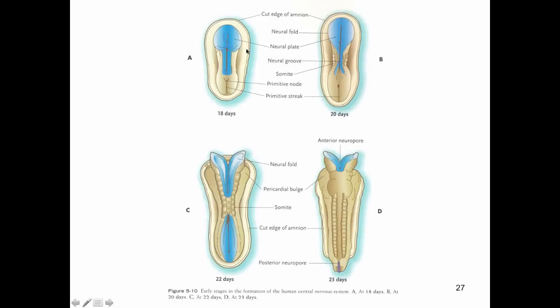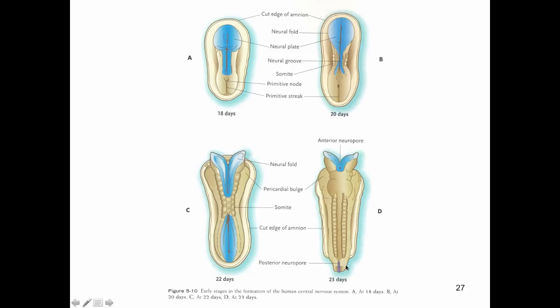So this is just another view of this process. At 18 days, we're just starting to see the neural fold, right? Then at 20 days, we start to see the closure of the tube in the middle and formation of the somites. At 22 days, the tube is starting to close more readily, and more somites are forming, especially towards the top of the embryo. And then by 23 days, the vast majority of the neural tube has closed.